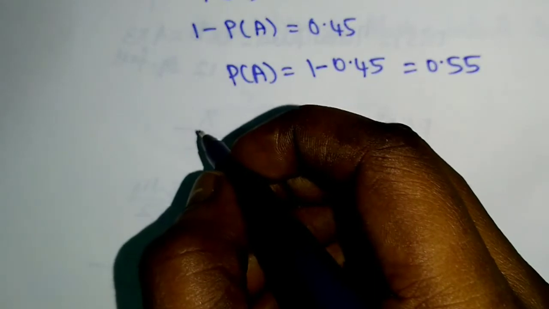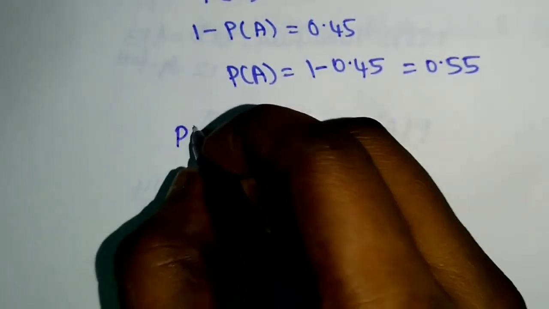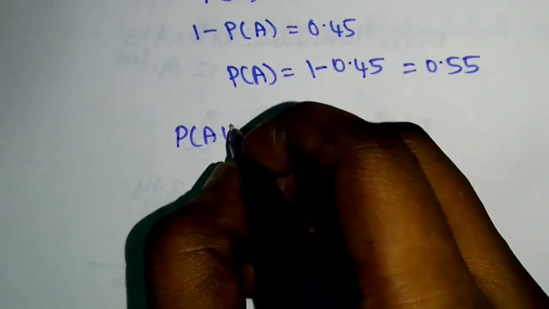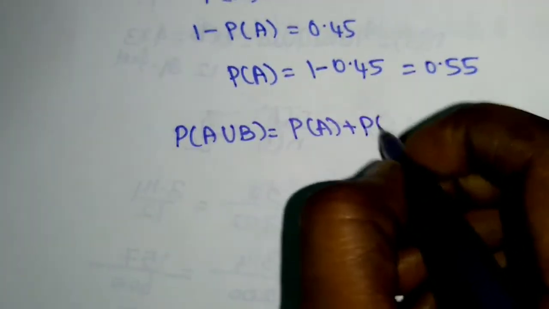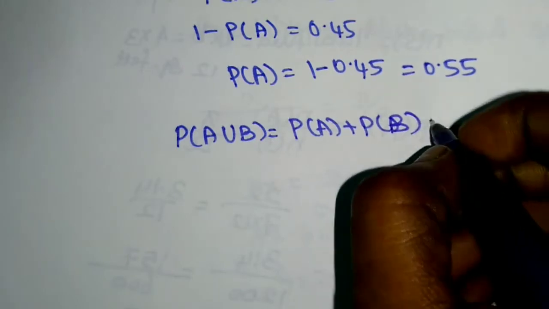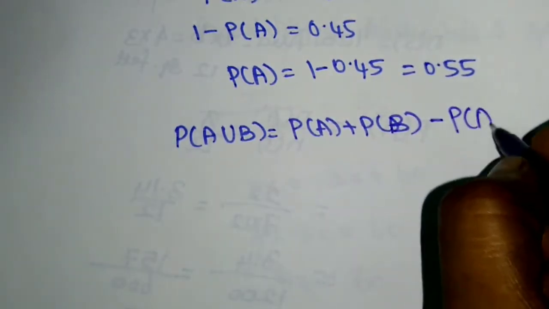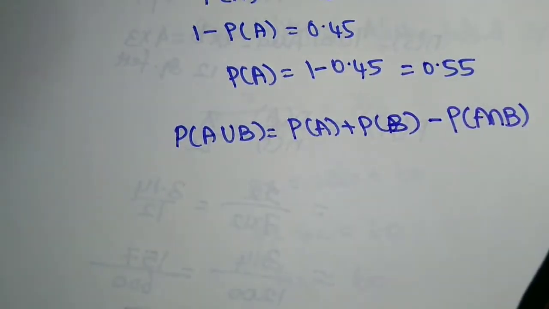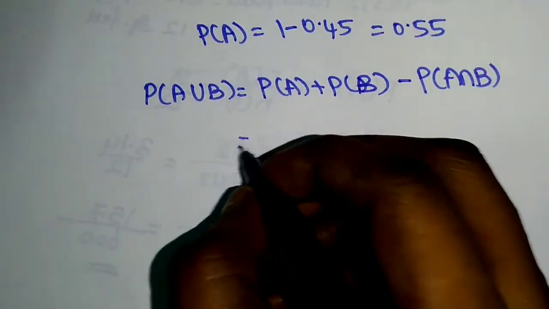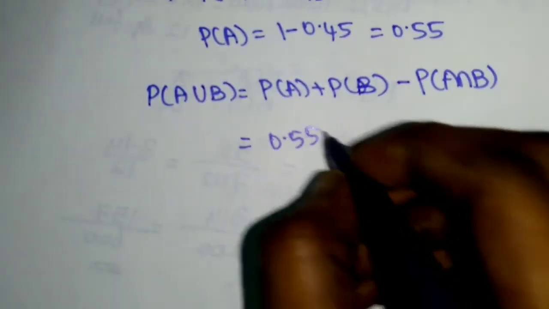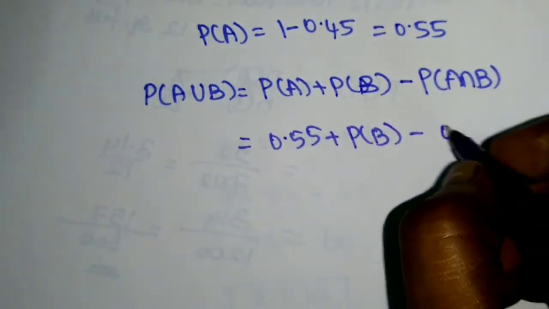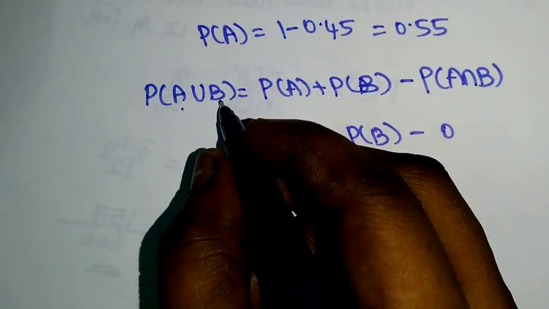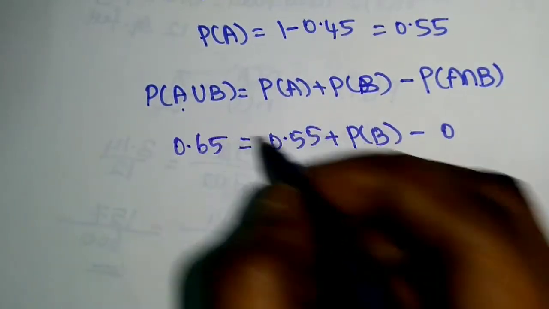So from the addition theorem, we get P of A union B is equal to P of A plus P of B minus P of A intersection B. Okay. So here P of A is 0.55 plus P of B minus P of A intersection B, which is 0, and P of A union B is 0.65.